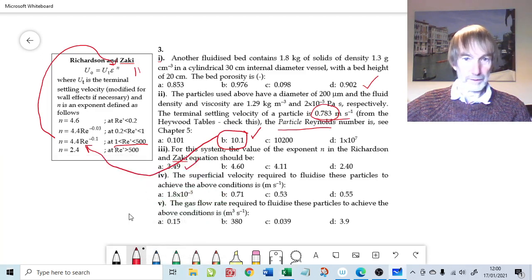Okay, so that's answer C just there, the superficial velocity.